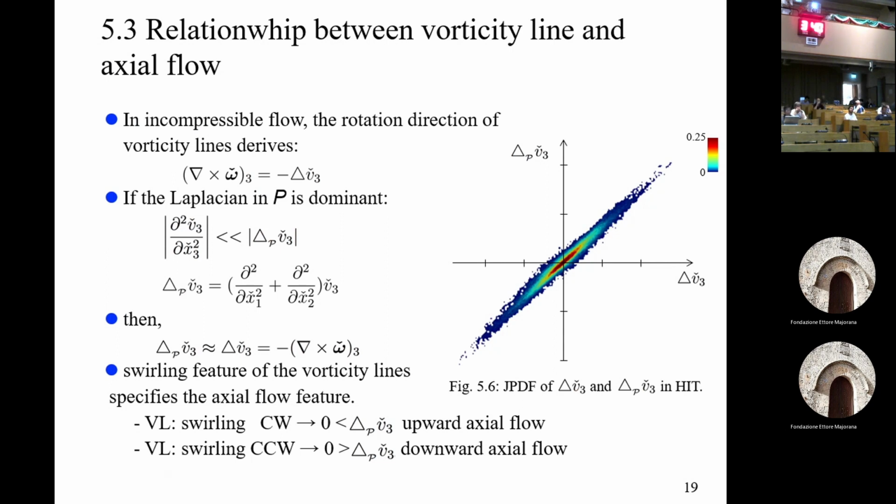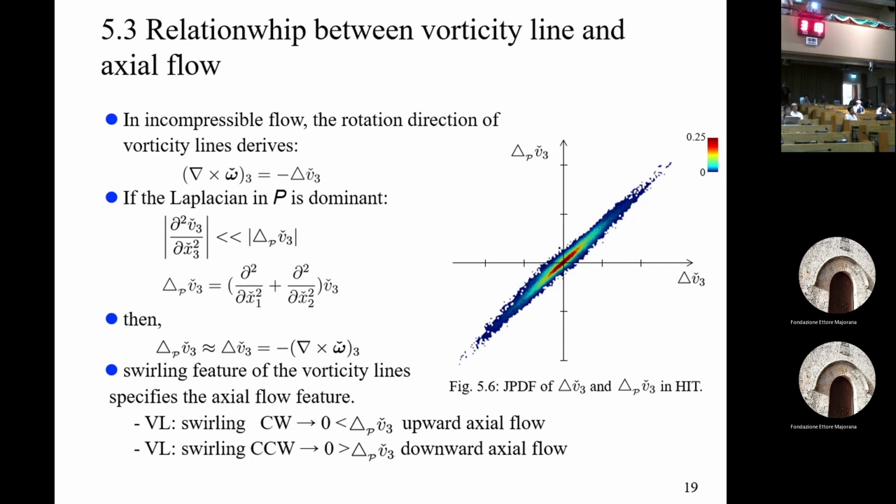And if the Laplacian in the swirl plane is dominant, then the Laplacian of the normal component in the swirl plane is specified by the rotating direction of vorticity lines.